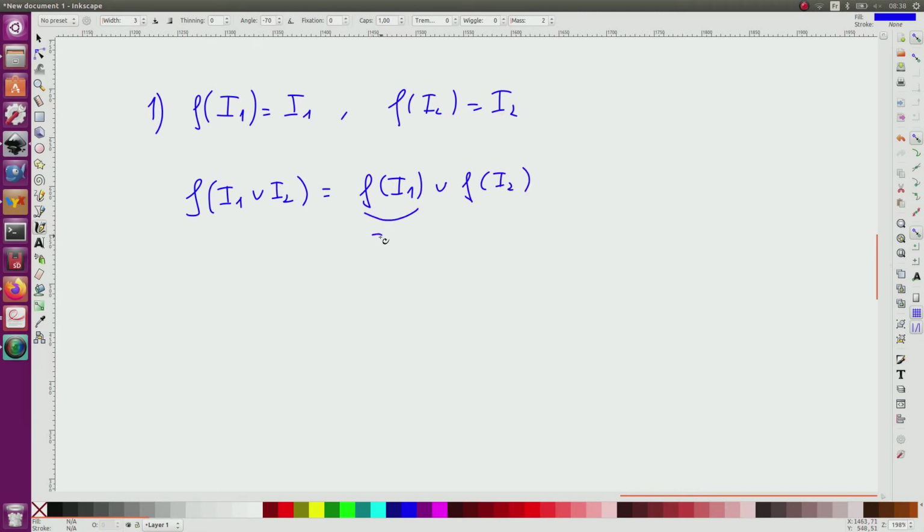Now, this is equal to I1 and this is equal to I2. So it means that it is equal to I1 union I2. As a consequence, the image of the union is equal to the union. I1 union I2 is an invariant set.